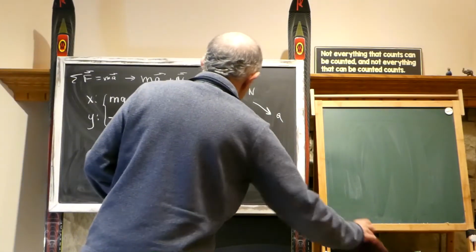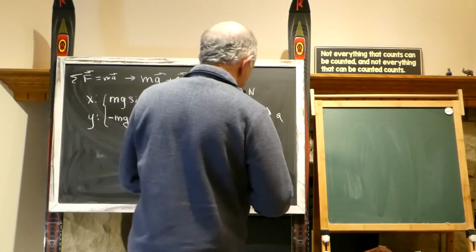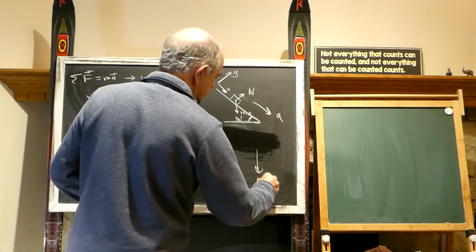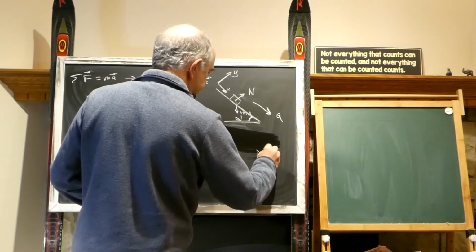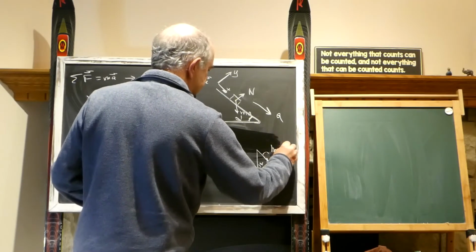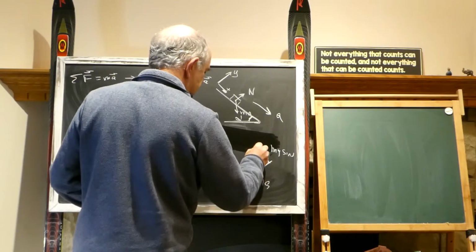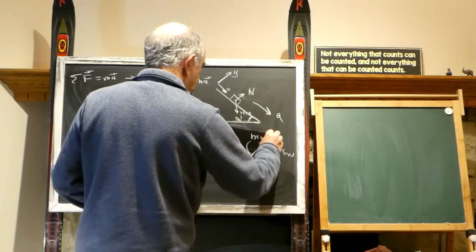And let me draw this picture out of the way, because I will probably be using it. So this is mg, this is alpha, this is mg sine alpha, and this projection is mg cosine alpha.